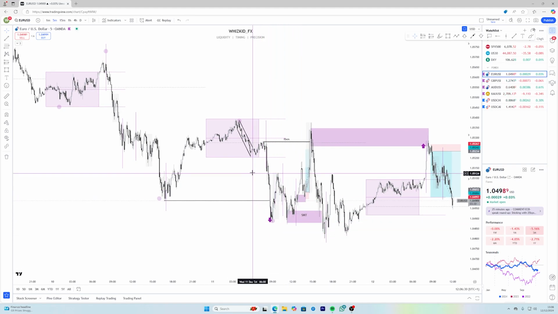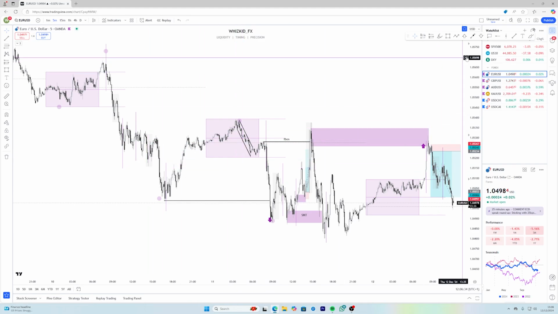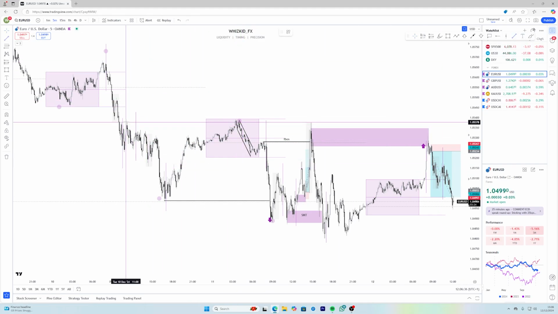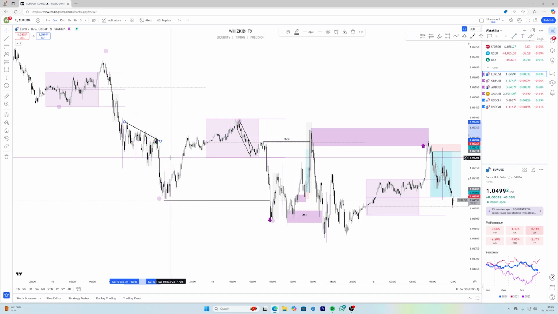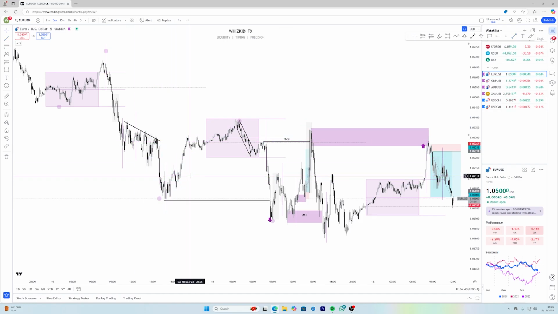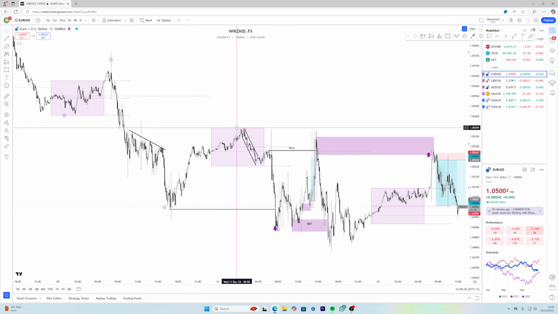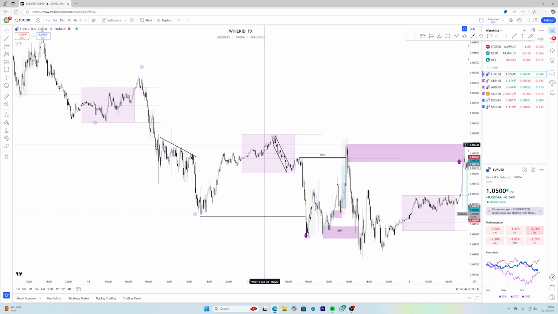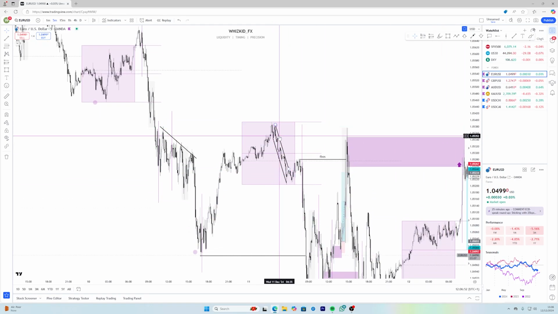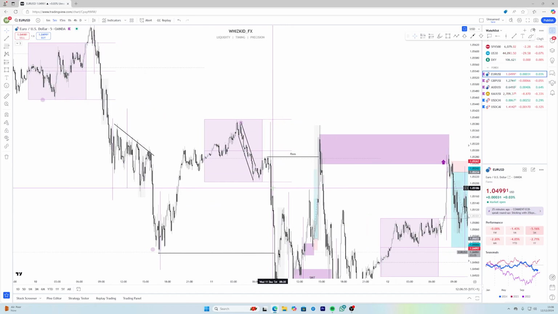Now if we analyze from Asia, we can see that we had this clear liquidity over here that has been taken out during Asia on EU, and during Asia we got our higher low, okay, with the clear intention of Asia to go to the downside.